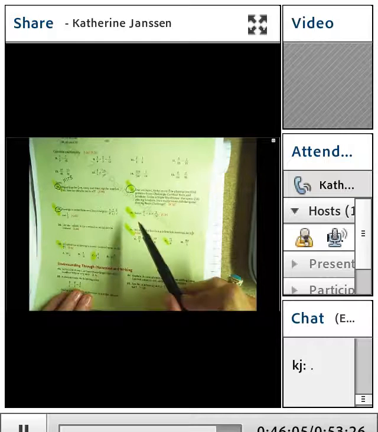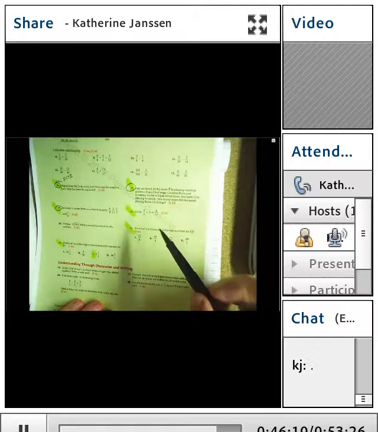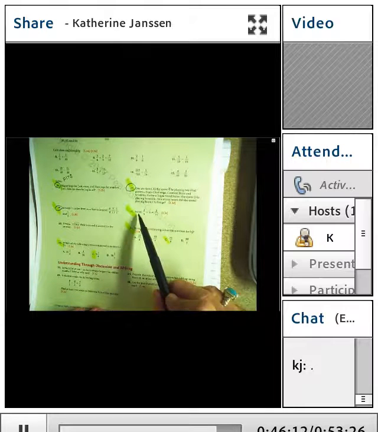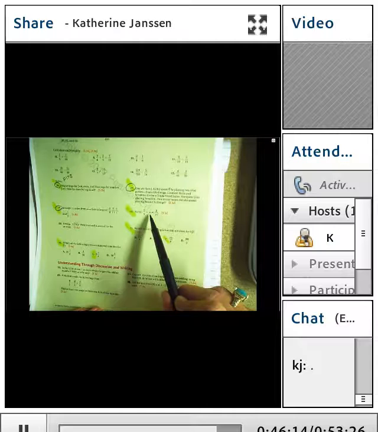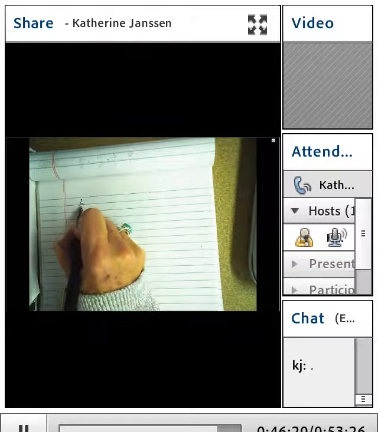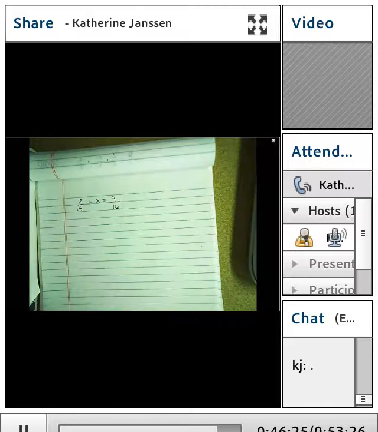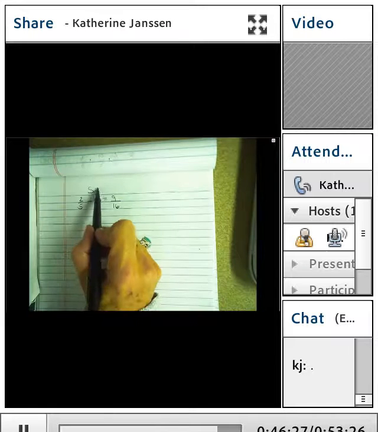Number 19, looking at our mid-chapter review on page 175, we're supposed to solve 2/5 plus x equals 9/16. And remember, our directions simply say solve.